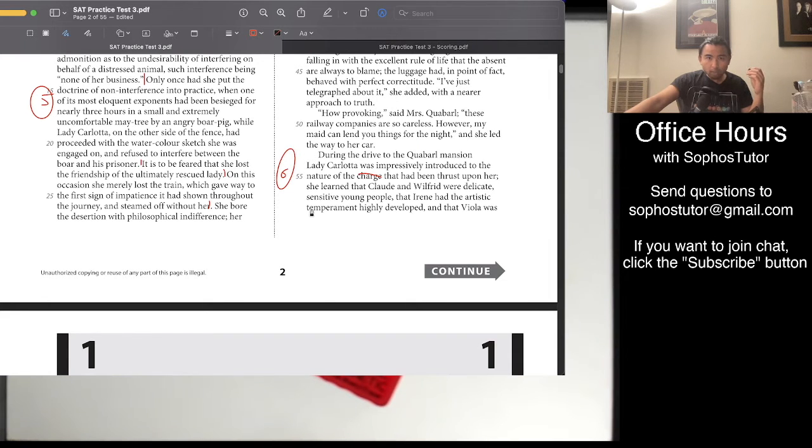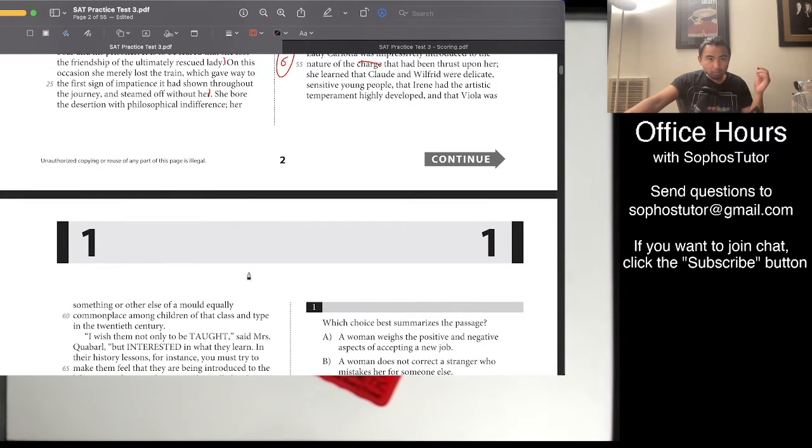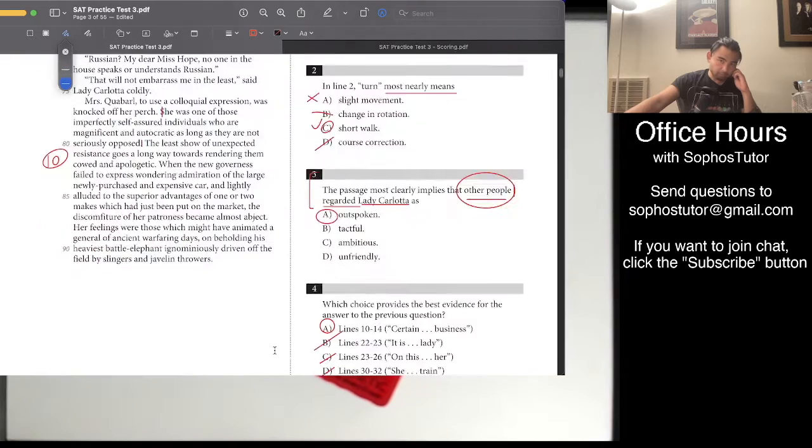So we learned that Claude and Wilfrid were delicate, sensitive young people, that Irene had the artistic temperament highly developed, and that Viola was something or other else of a mold equally commonplace among children of that class and type in the 20th century. Okay, so they're commonplace.